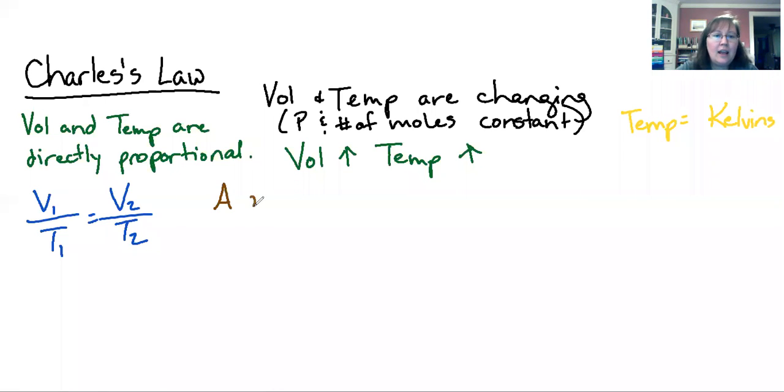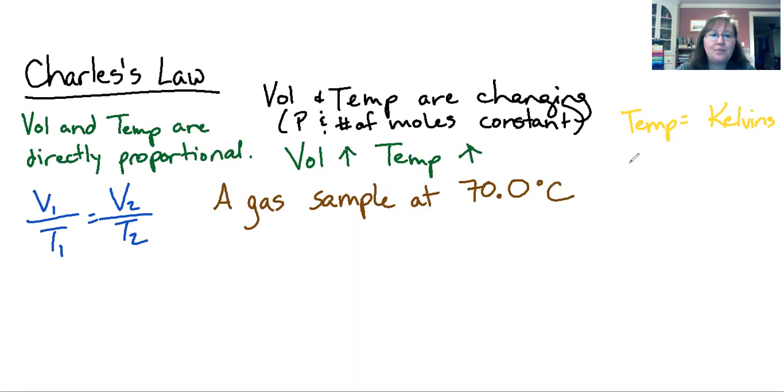Let's just say this. A gas sample at 70 degrees Celsius has a volume of 29 liters.